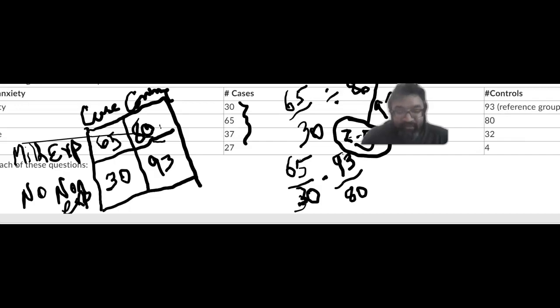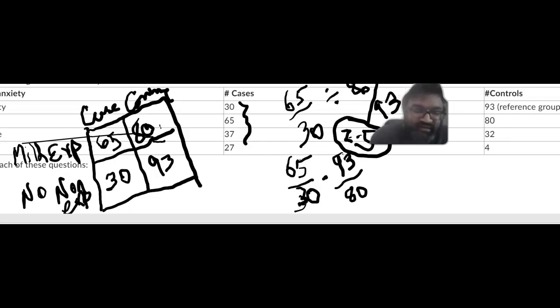Then you divide the proper numbers. So 65 is here, and then 30 is right here. So 65 divided by 30, divided by 80 over 93. Sometimes what I like to do is kind of remember this with simple formulas.